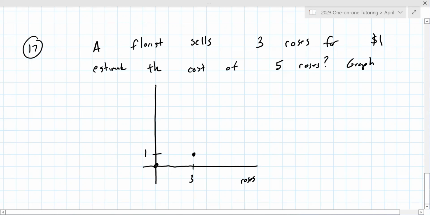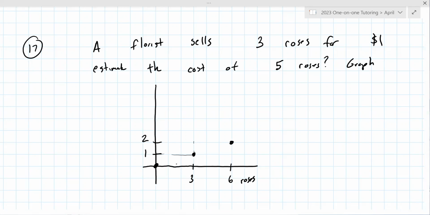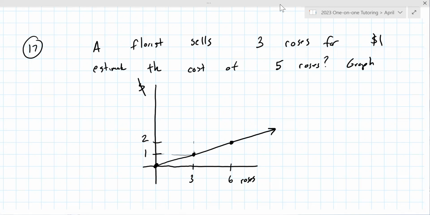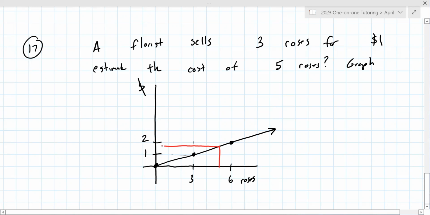So do you see that it's rise 1, right 3? So another point would be 6 roses is $2. These are certainly post Valentine's Day prices here. They're usually a lot more expensive than that. All right. So we want to estimate the cost of 5 roses. So this is where you go to your graph here, hit that, and then you go left.